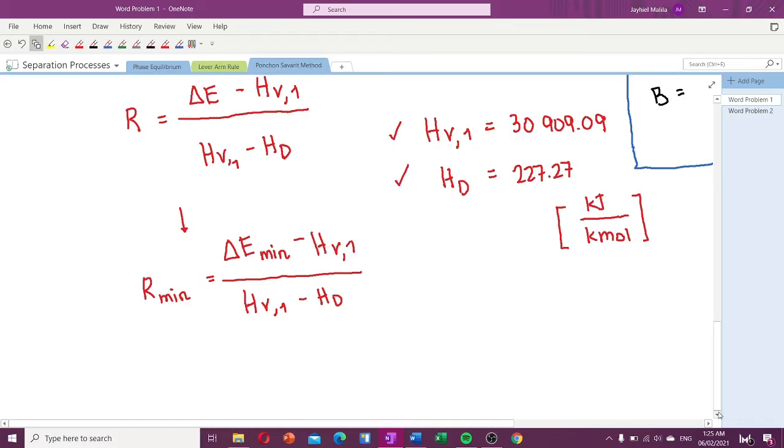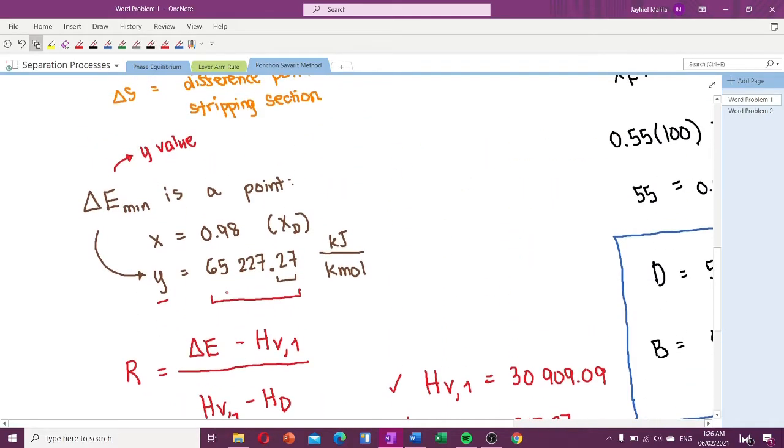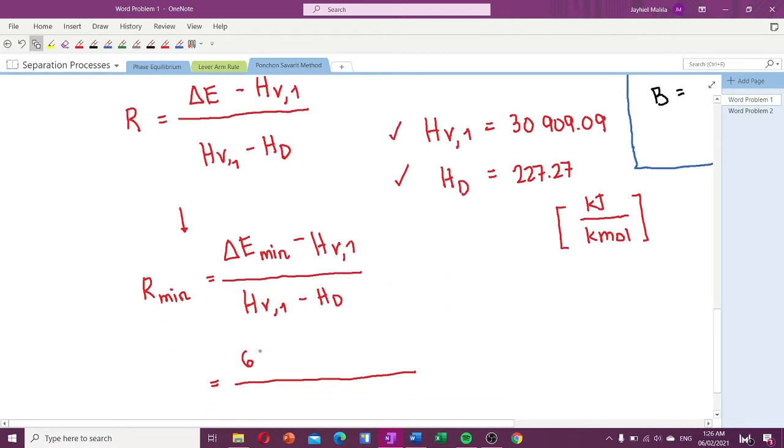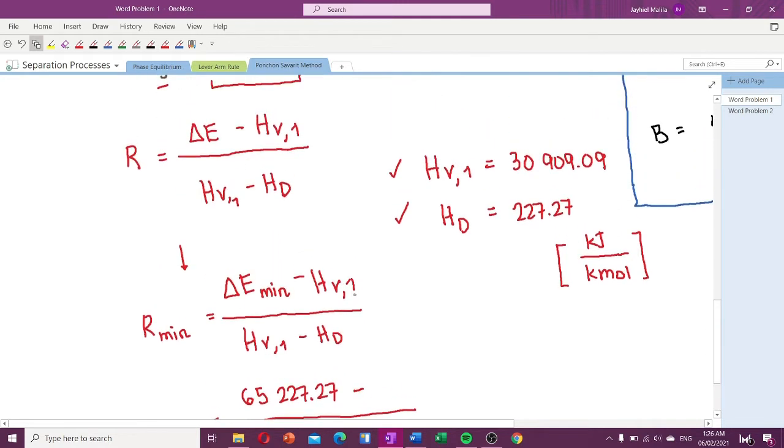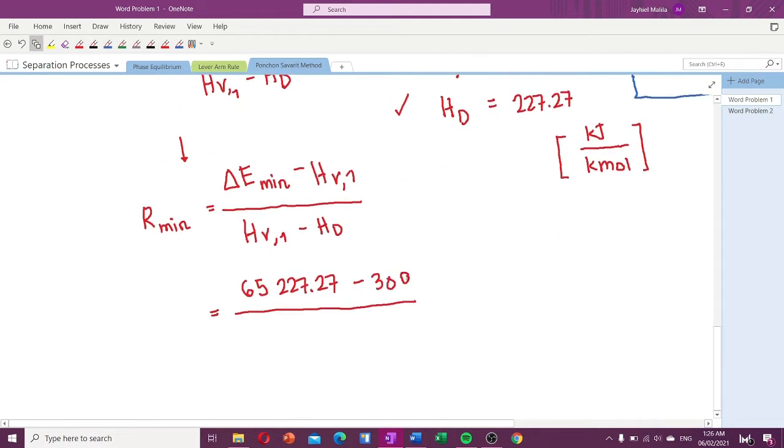Now let's solve for the value of R min. I think we already have the values for delta E min, HV1, and HD. For delta E min, that is 65,227.27, and then minus HV1, that is 30,909.09, and then we have 30,909.09.